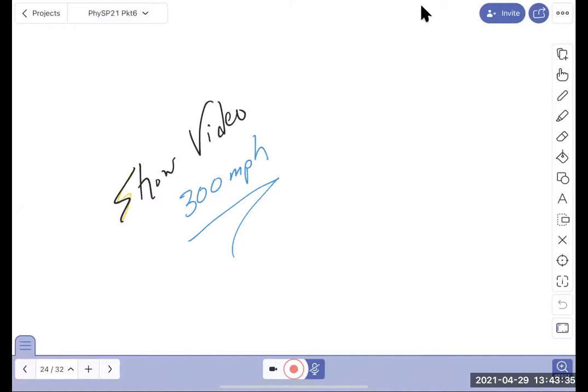So let me pause. If you're watching at home, you'll see this pause, then we'll come back. I'll put a link to this in the comments. So if you're watching this, we just watched a 5-minute video. I paused it here and there, but I'll put the link in the comments.